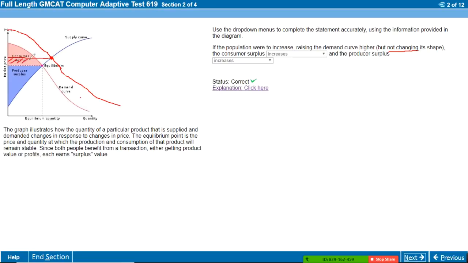This portion was previously the consumer surplus, which is getting removed. And you find that there is a very proportionately higher region that now gets added on as well. So while this area gets subtracted, this larger area gets added to the new consumer surplus based on this horizontal line and this equilibrium point and this raised higher demand curve.